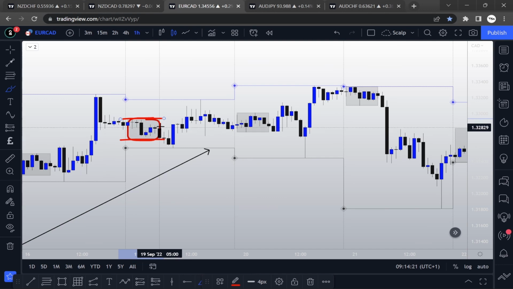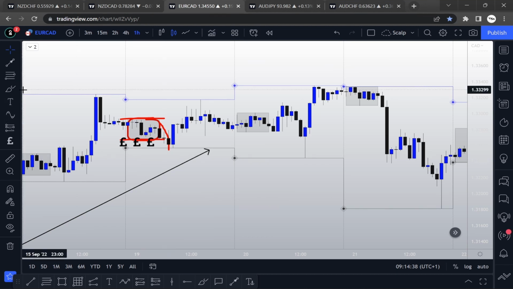So what does the market do in the London session? It makes sure that it grabs the liquidity, which is placed just below this Asia low right here, into this demand section right here.